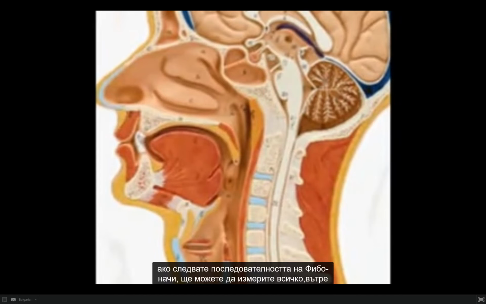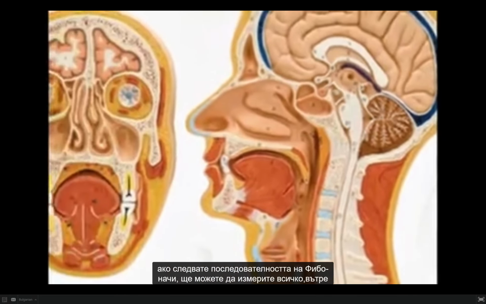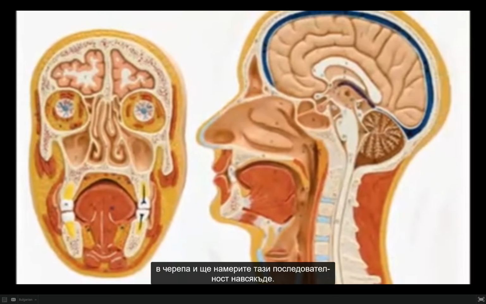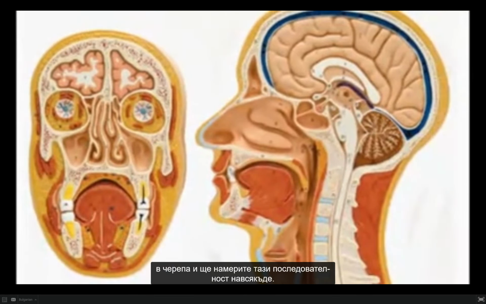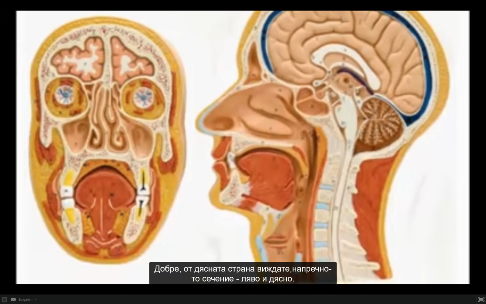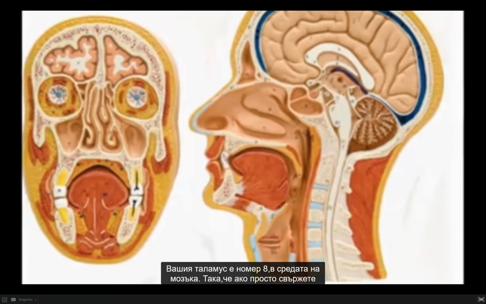If you follow the Fibonacci sequence, you are able to measure everything inside of the skull, and you will find that sequence everywhere. Okay, and on the right side you see the cross section left to right. Your thalamus is number 8 in the middle of your brain.